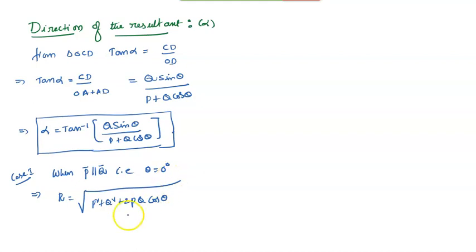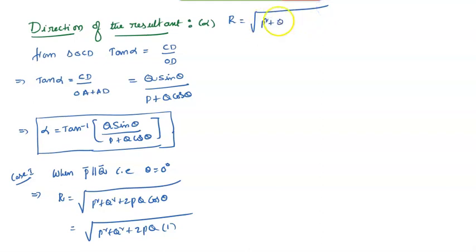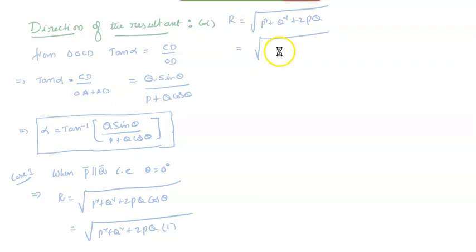With theta 0, cos 0 is equal to 1, so R is equal to root over P square plus Q square plus 2PQ, which is root over P plus Q whole square.